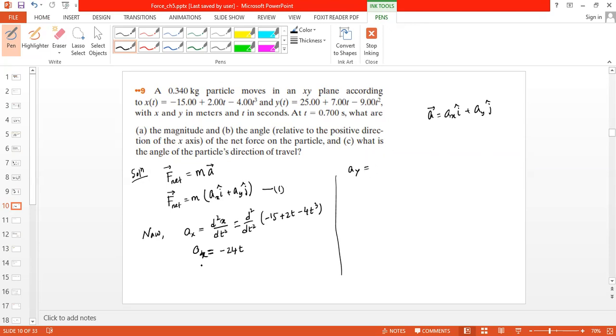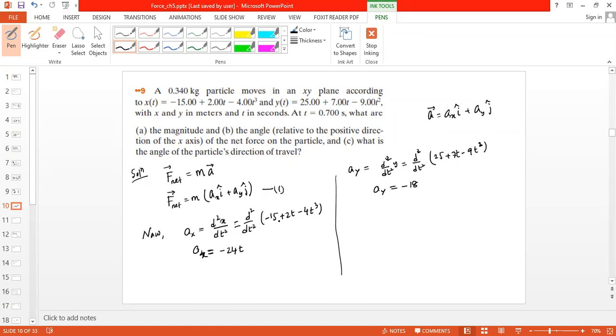And same again, ay means d square over dt square of y, and y is 25 plus 7t minus 9t square. So ay will basically be equal to, this one goes off, and this would be minus 18.